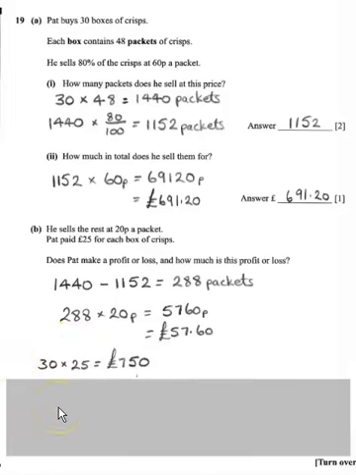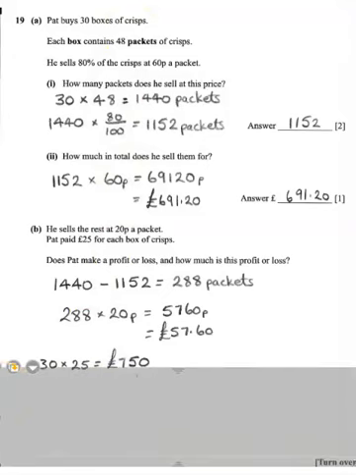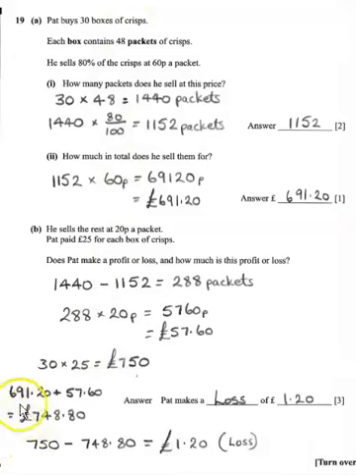And then we've done 30 times 25, which is equal to £750. Now that's how much he bought all of these boxes for. We can see it in here. It says he paid £25 for each box of crisps, and he bought 30 boxes of crisps. So that's how much he bought them all for. So for the last part of it, we add up what we've sold.